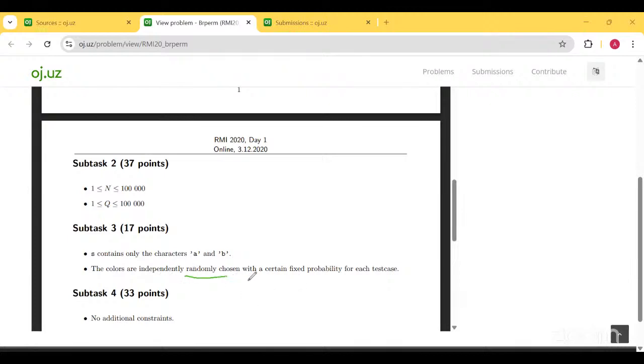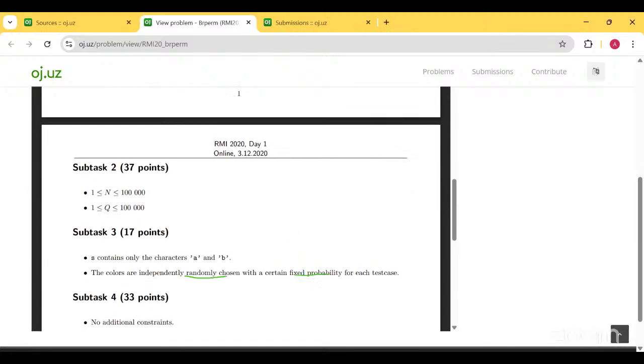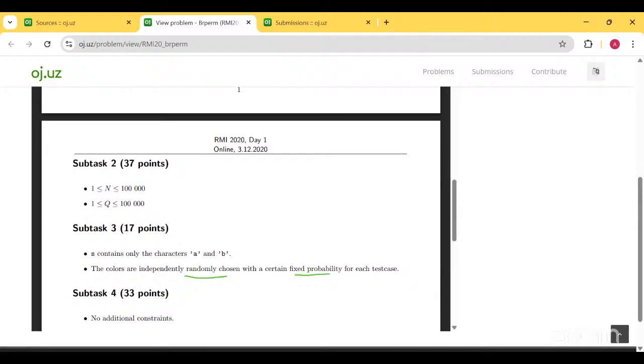This is randomly chosen. Maybe wait. If it is randomly chosen, it means the test case is weak, right? All right.